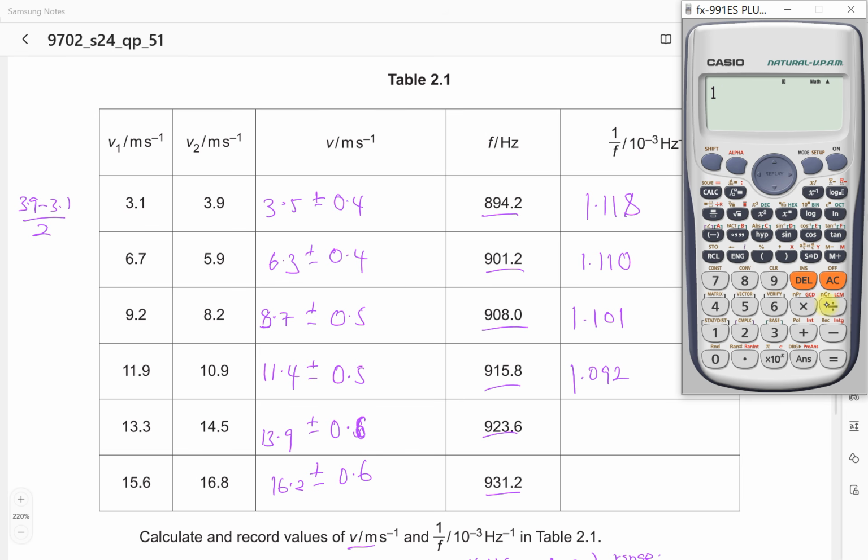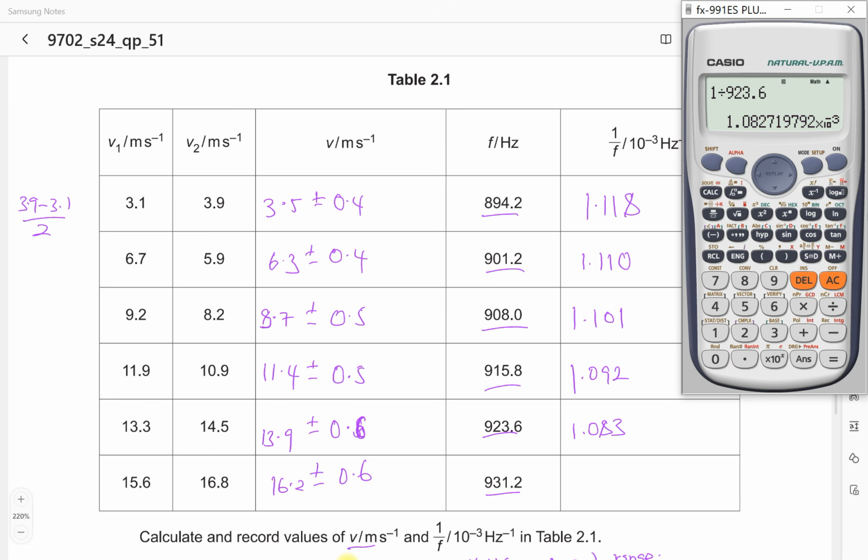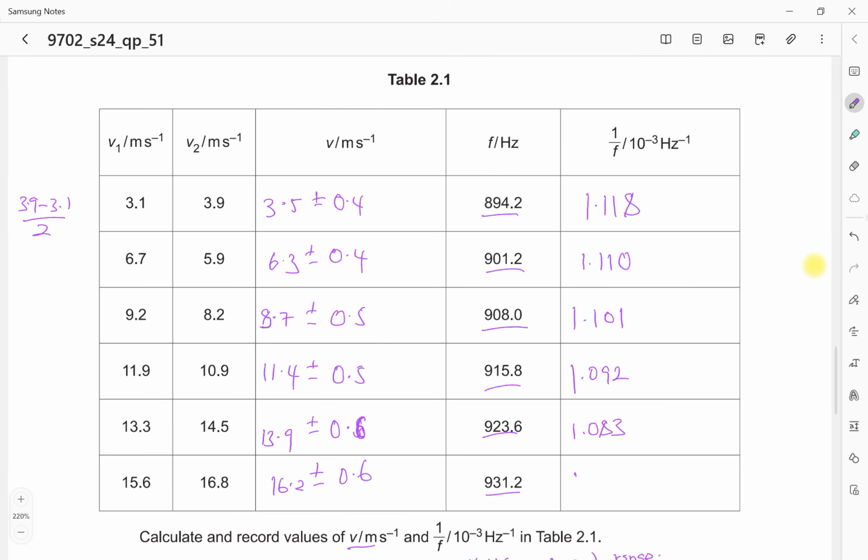Then I have 1 divided by 923.6, so this is 1.083. Remember to round off correctly. 1 divided by 931.2 is 1.074. So all of them are times 10 to the power of minus 3. Just remember to round off correctly.